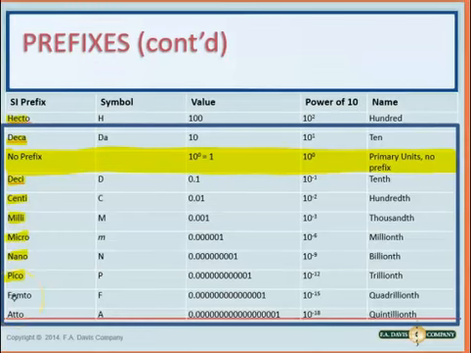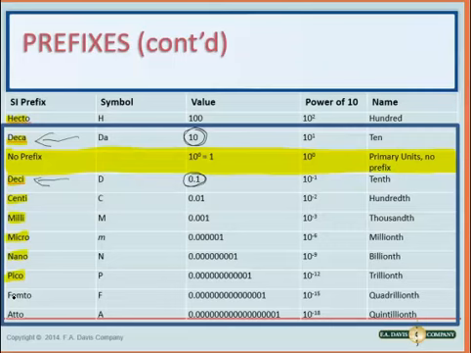One last thing I want to mention about the prefixes before we move on is don't get confused between deca and deci. Okay, some students get those confused or get them switched. They're totally different values. Your deca is above your baseline and it has a value of 10. Okay, the deci has a value of 0.1. It's below your base value.